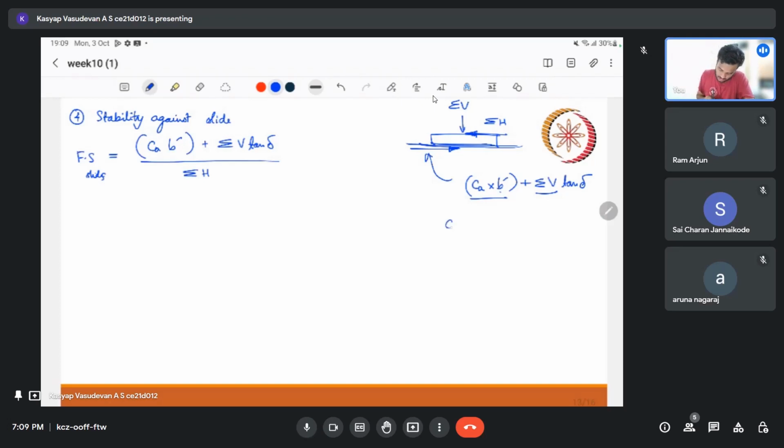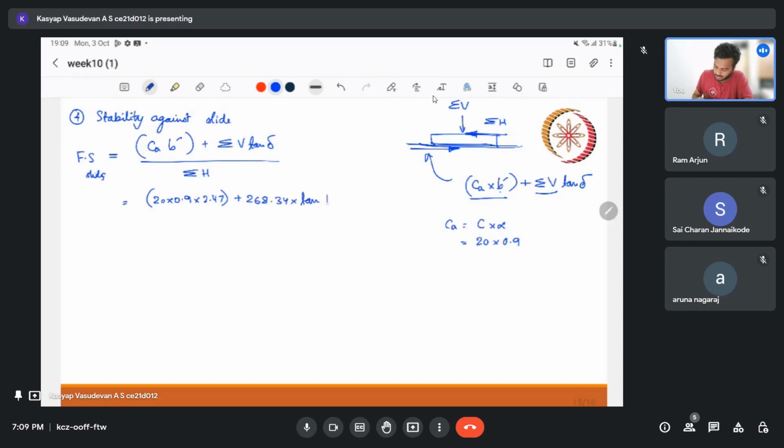Again, this Ca is nothing but c into alpha. So I have c as 20 and alpha as 0.9. So I can directly write it there. So I write 20 into 0.9 into B dash is 2.47 plus 268.34 into tan.